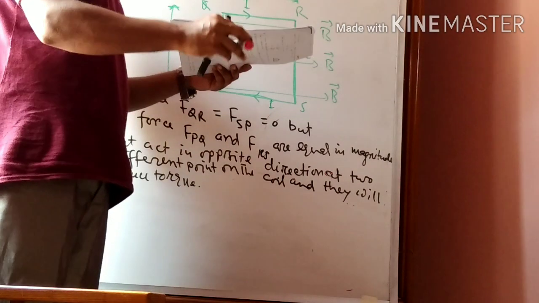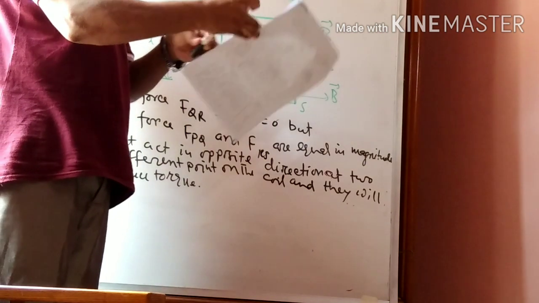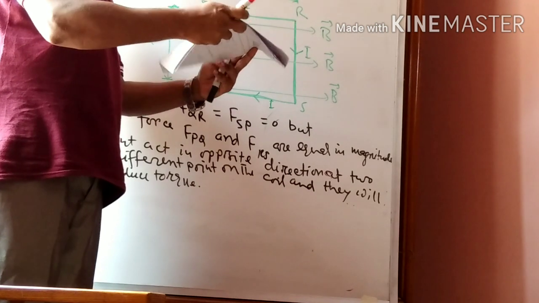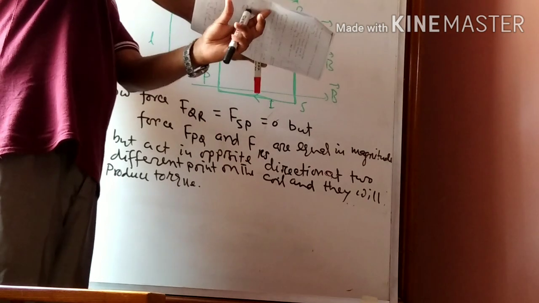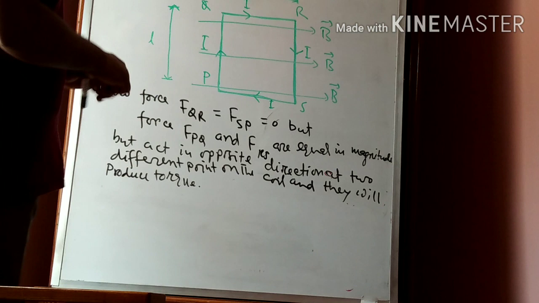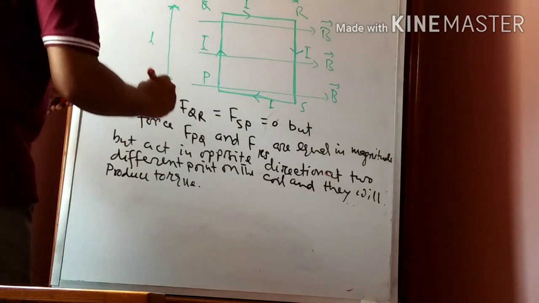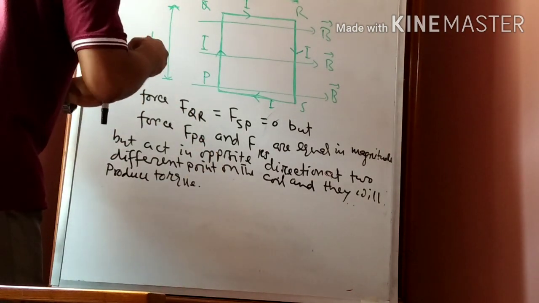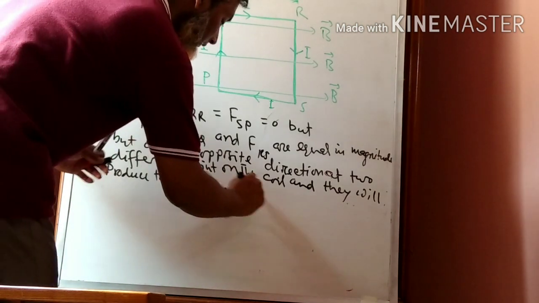Here is a force in the upward direction, and another force acting in the downward direction. So when two equal and opposite forces act on the body, then it will produce a torque, a rotation. It will create a rotation which is called torque. Let the torque be tau.